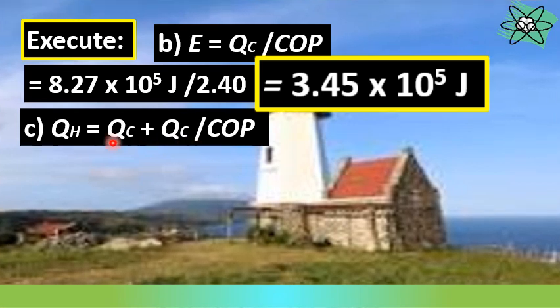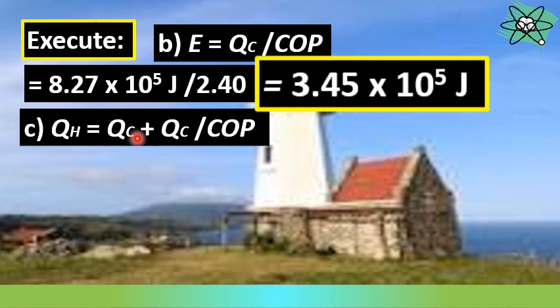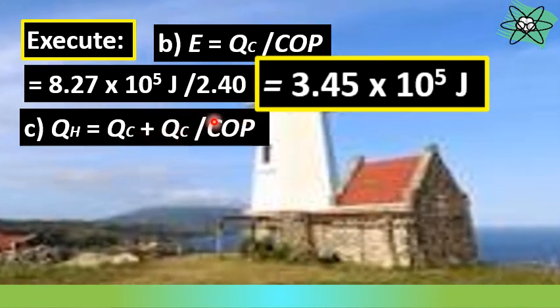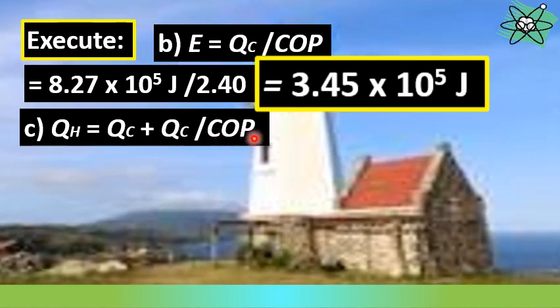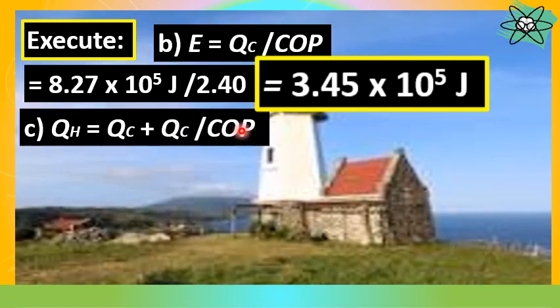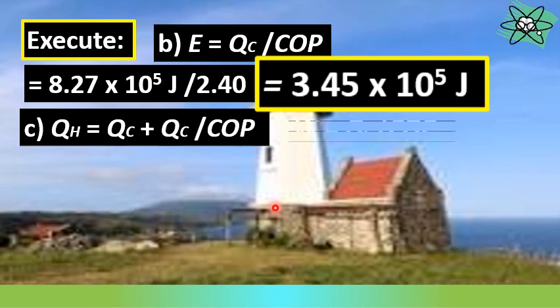That can be determined using this formula: capital Q sub C plus the ratio of capital Q sub C over the coefficient of performance of the freezer, which is just the amount of work done by the compressor.